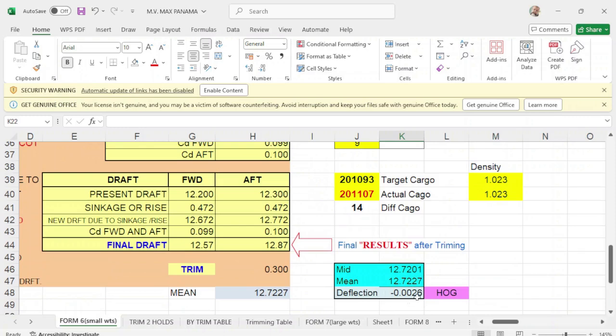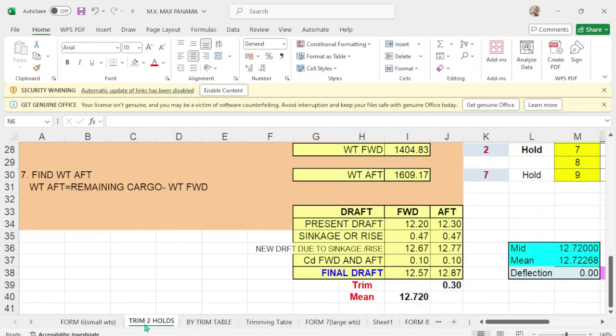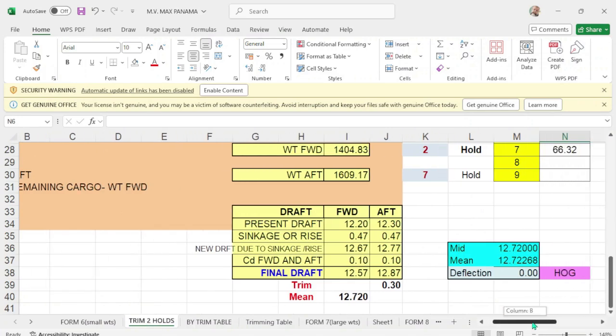So you have 0 deflection. In trim holds 2, the same: your mid is 12.72, your mean is 12.72, you have 0 deflection.